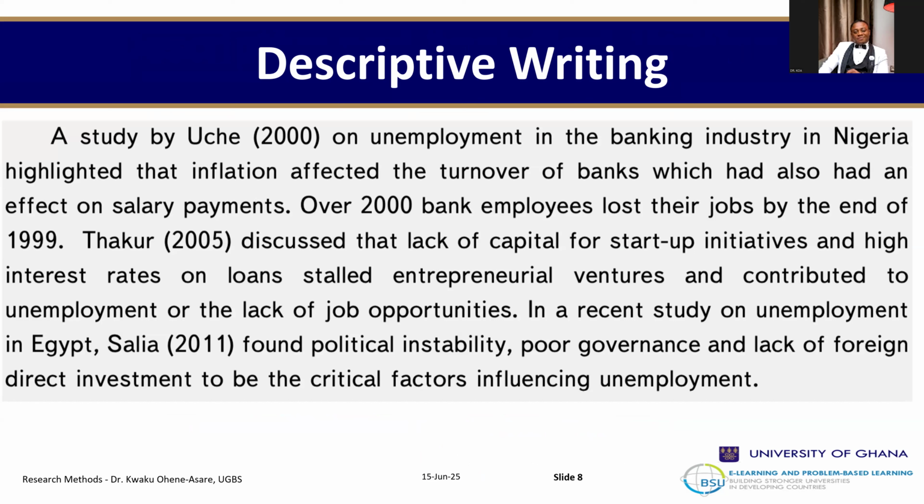Taka, 2005, discussed that lack of capital for startup initiatives and high interest rates on loans stalled entrepreneurial ventures and contributed to unemployment or the lack of job opportunities. Now, in a recent study on unemployment in Egypt, Salia found political instability, poor governance, and lack of foreign direct investment to be the critical factors influencing unemployment. Descriptive.